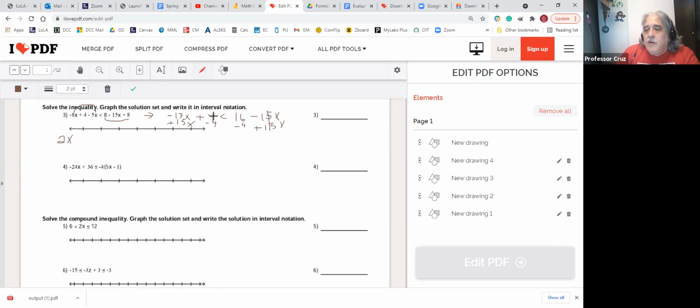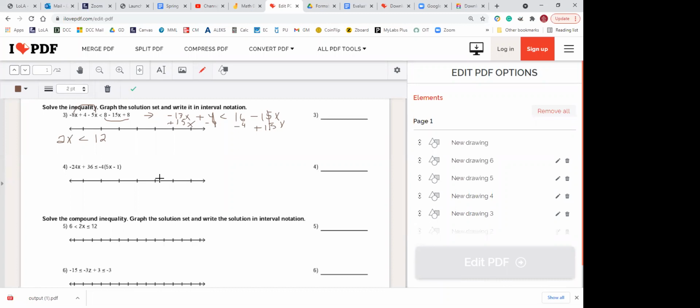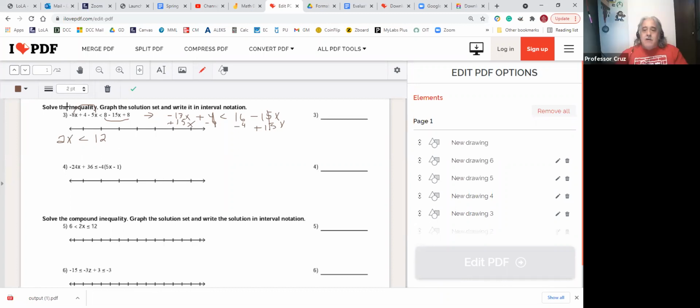So these are going to be gone, and those are going to be on, and then you got less than 12. Does that look right? Yeah. All right. So now we're going to go ahead and divide everything by 2. So x is less than 6. They're not labeled, so we can just make either one.